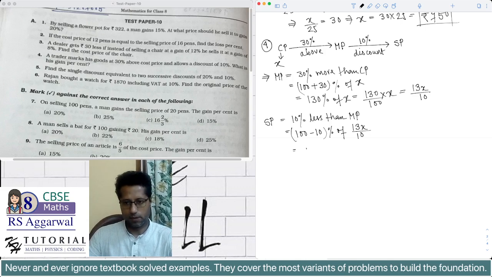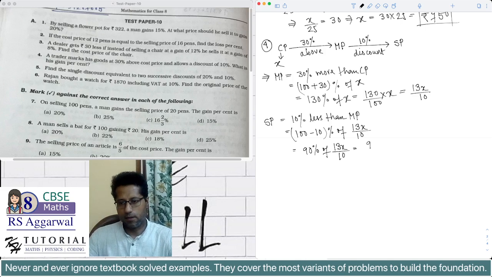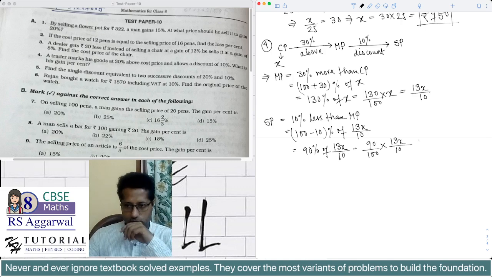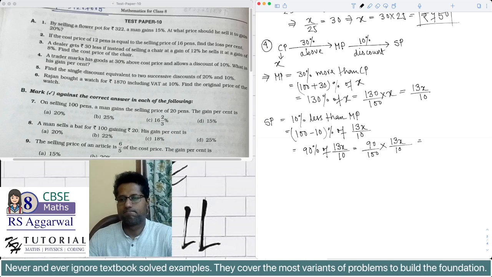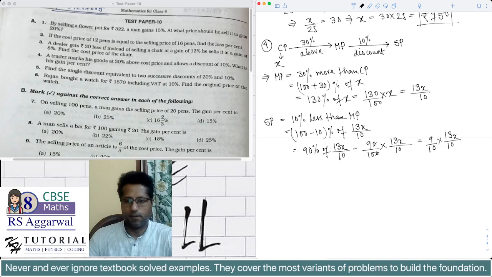This is equal to 90% of 13x by 10, which is 90 by 100 multiplied by 13x by 10. After simplification, this is 9 by 10 multiplied by 13x by 10.